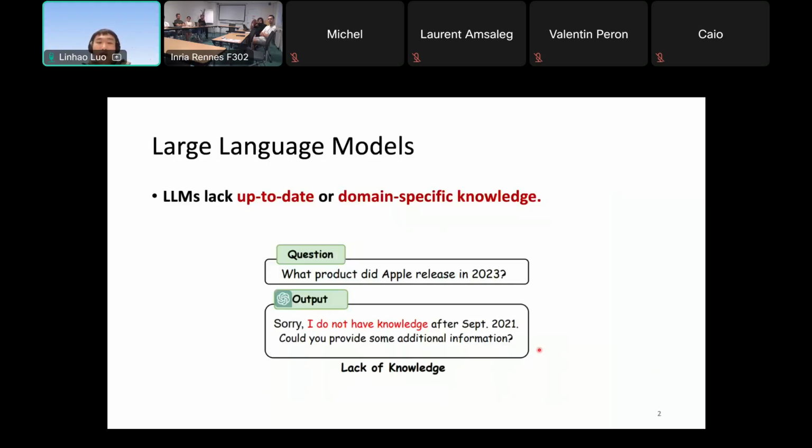For example, if we ask what product Apple released this year, the LLM might say it does not have the knowledge and cannot answer. This can also happen in domain-specific tasks, like medical or legal question answering, where the model might not have the specific knowledge to answer correctly.